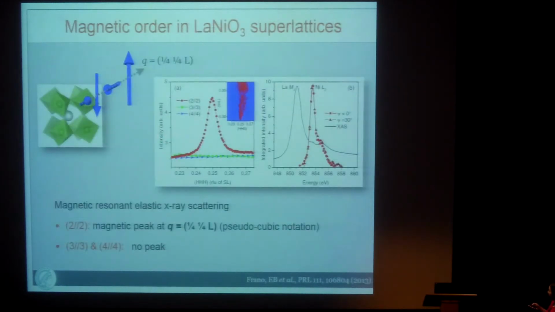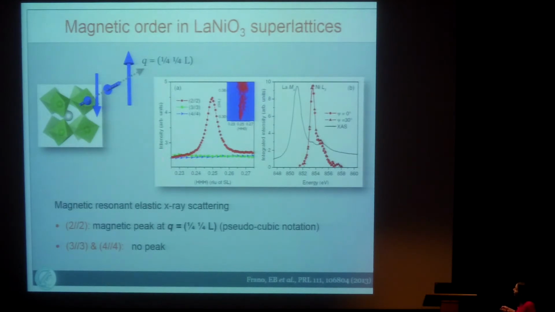In a second study, we looked into magnetism. Marta has already shown these data from muon spin rotation, where we found first evidence for magnetic order in lanthanum nickelate when it is 2 unit cells thick. So we used resonant X-ray scattering to study the ordering vector and its energy dependence in more detail, and that is what we found.